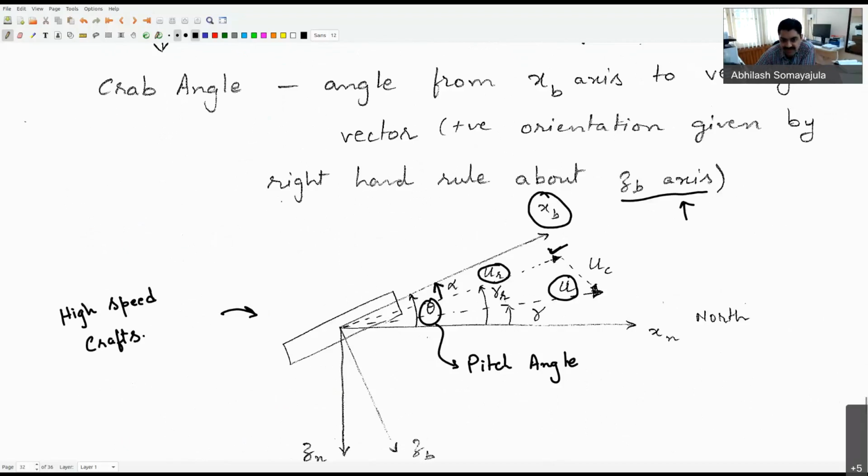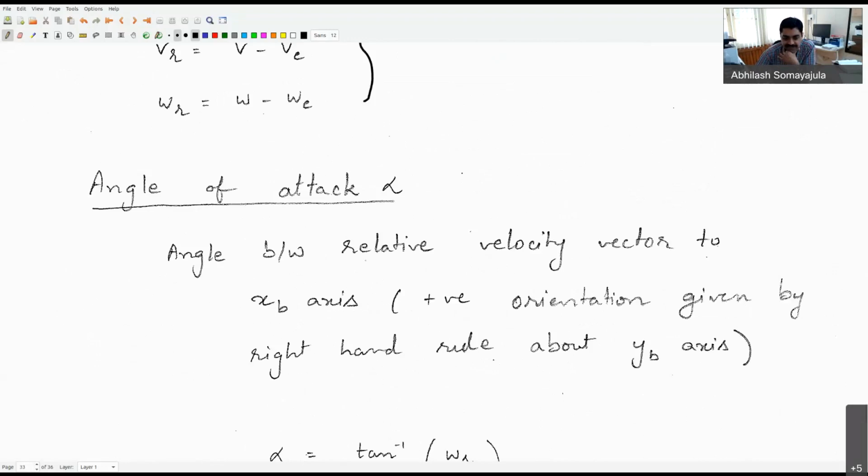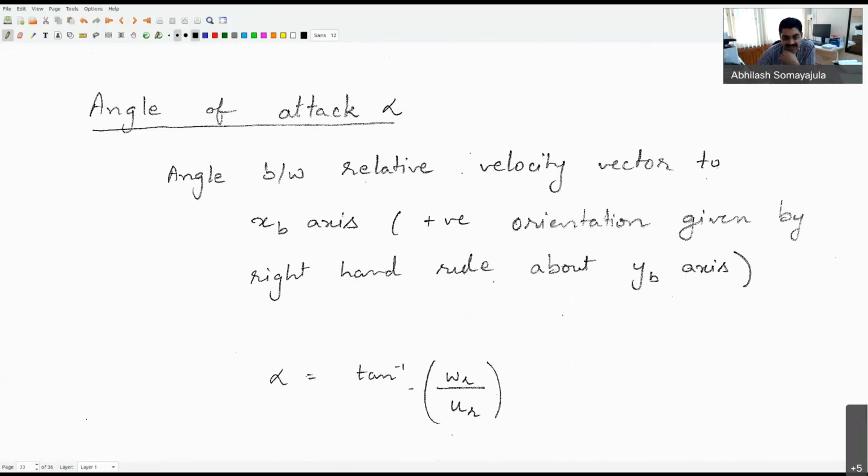That angle is defined as the angle of attack. This is the angle at which the fluid is coming towards the craft in some sense. And that angle of attack will tell me the lift and the drag force acting on the craft as it moves at higher speed.